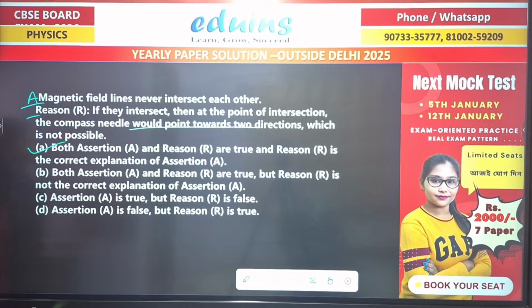Revision is the most important part. That's why we are taking these classes on these papers for your practice, only for you students. You have to revise. Recapitulate every subject. Recapitulation is most important for your study, okay?